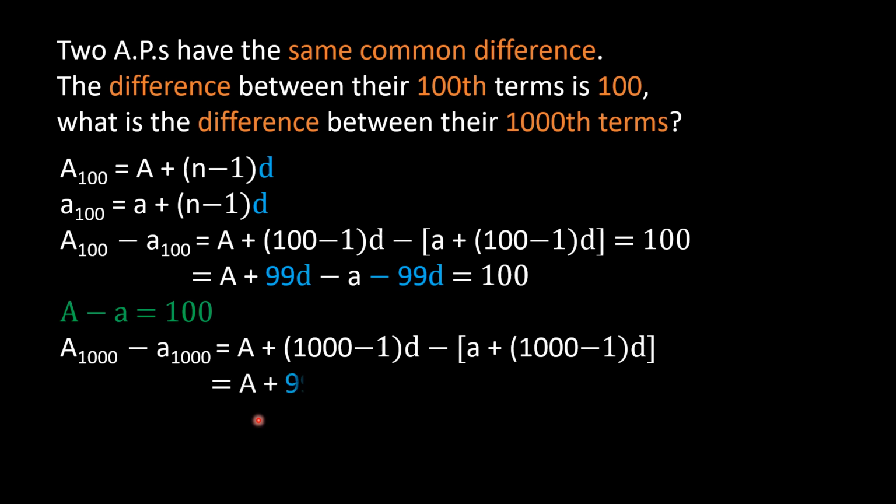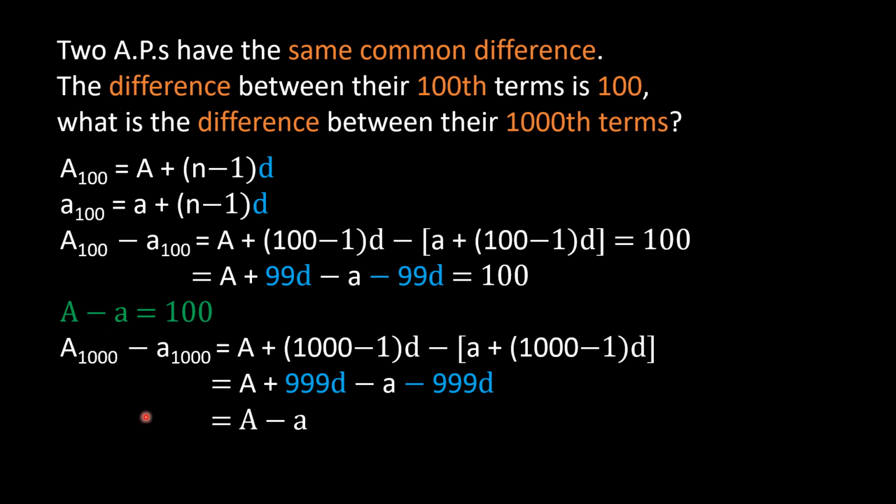So 1000 minus 1 will be 999D, and because of this minus it will be minus 999D. Now 999D minus 999D will be 0 and we get A minus a, but A minus a is 100, which we have already found out.